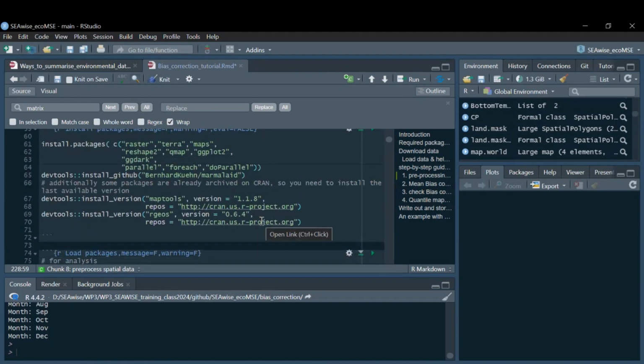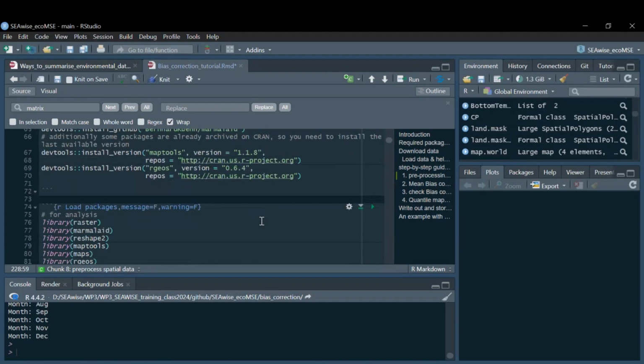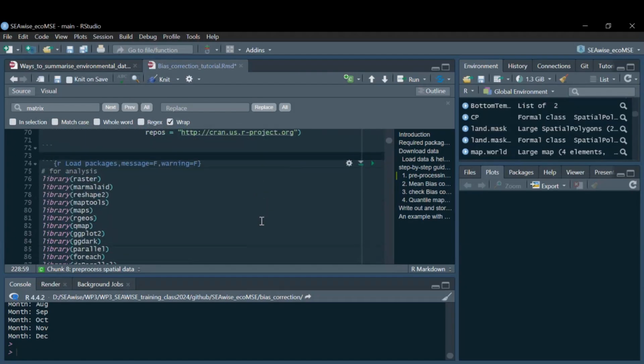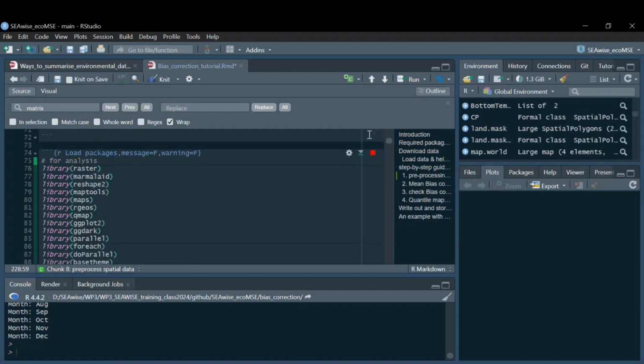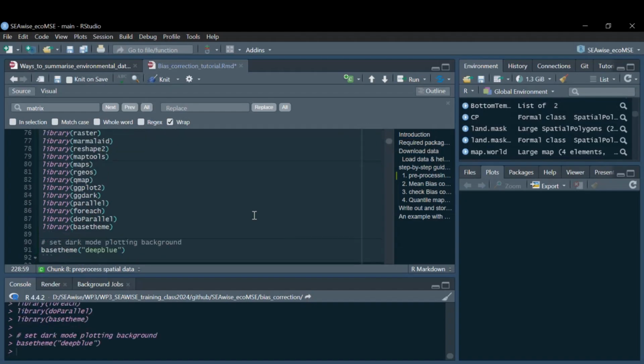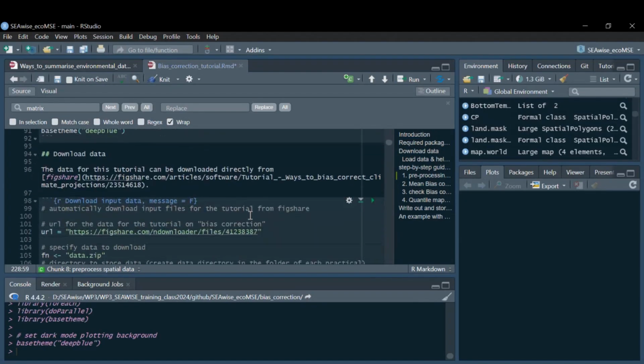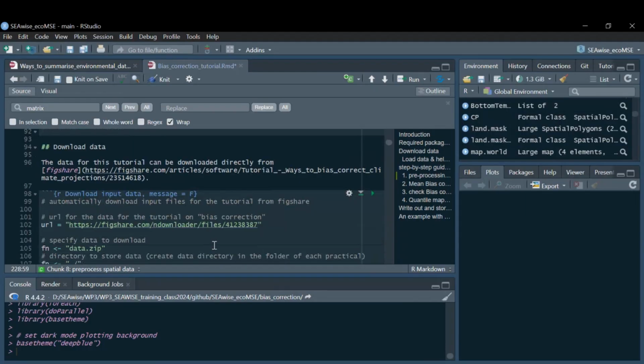In case you haven't installed all the packages, do it, and then reload all the packages, and download the data, which is on my Figshare.